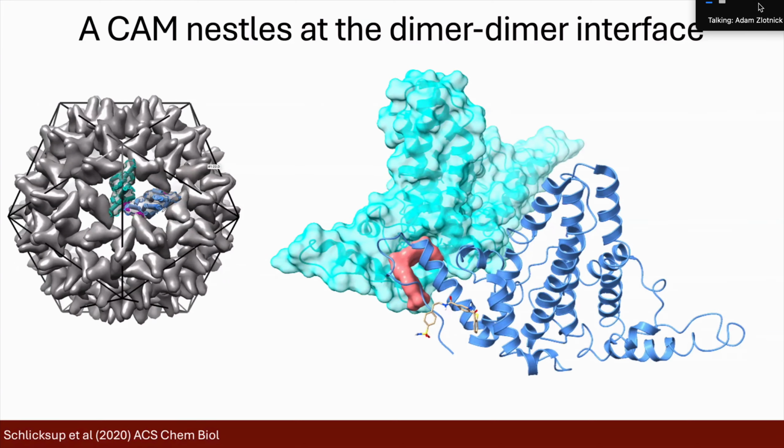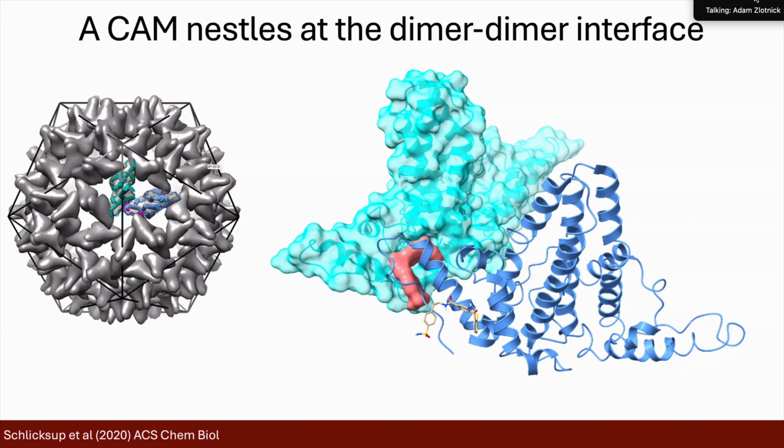How do CAMs work, particularly as assembly agonists and capsid disruptors? Well, the capsid is built of these dimers, and you can see 2 dimers here highlighted and here blown up. In the light blue dimer, we have a groove right through over here, and the dark blue dimer fits directly into that groove.